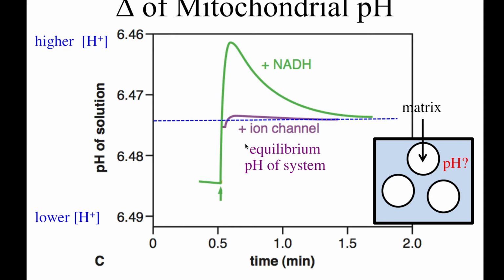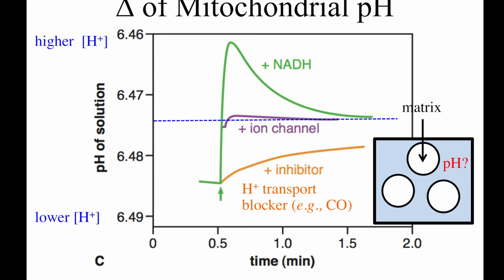This indicates, so pH is the negative log of the hydrogen ion concentration. So as pH goes down, hydrogen ion concentration goes up. So as NADH gets oxidized, taking the hydrogen off, it's going to be moved into one of the compartments of the mitochondrion, and we'll talk about that.